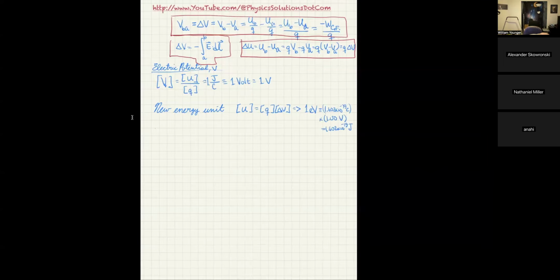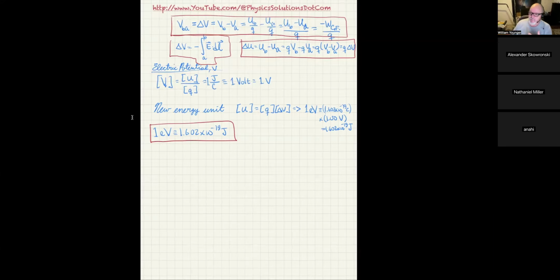So what we have is this new energy unit, 1 electron volt, which is equal to 1.602 times 10 to the negative 19th joules. And that turns out to be a unit that's much more helpful when we're talking about things at the microscopic atomic level. So that's a common energy unit that we'll use. And it literally is the amount of energy that an electron gets by going through a voltage difference of 1 volt.